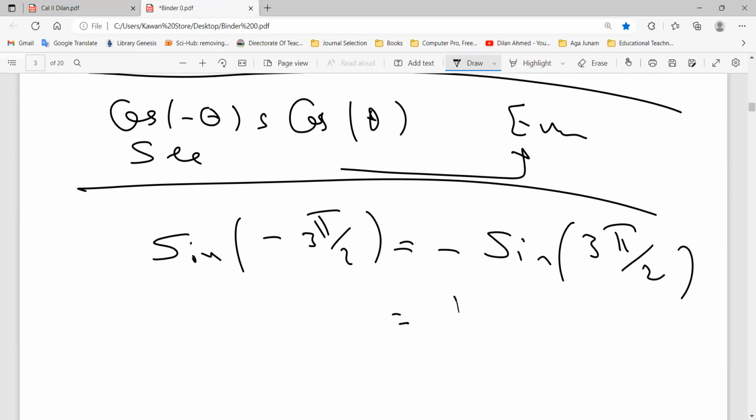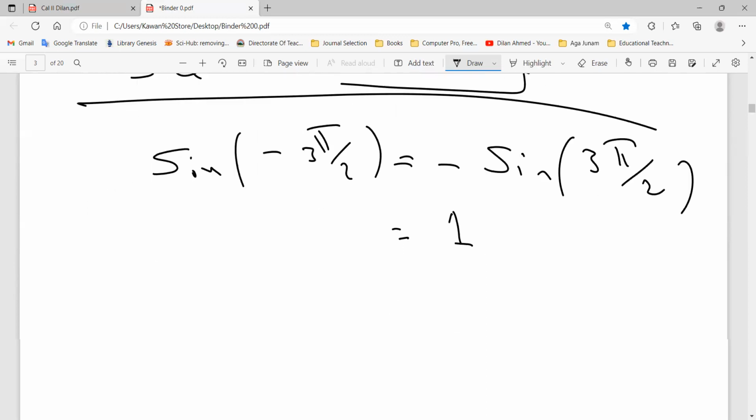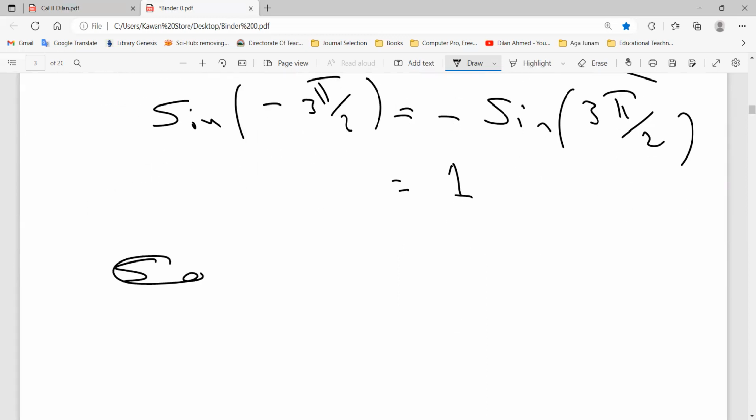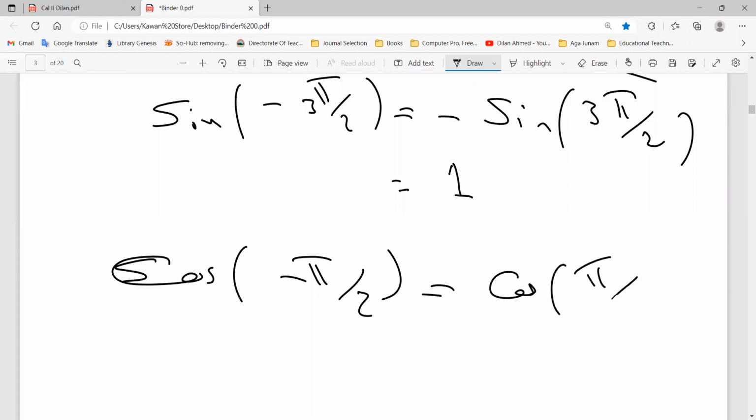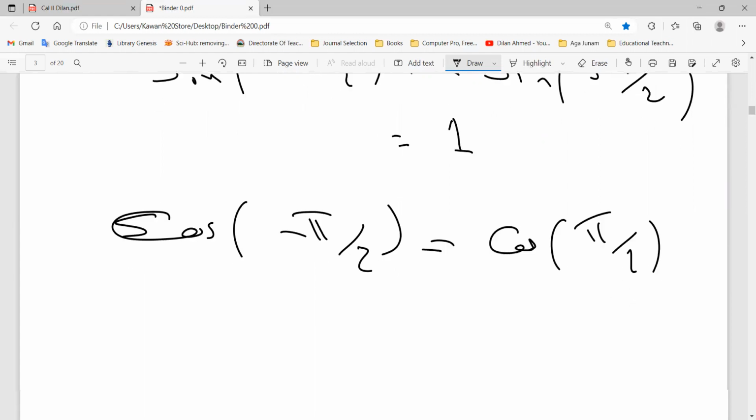So minus of minus 1 will be 1. You got it? How about, for example, cosine of minus pi over 2. Cosine is an even function, so it's better to think about pi over 2. Cosine of pi over 2 is equal to 0. You got it? Good.